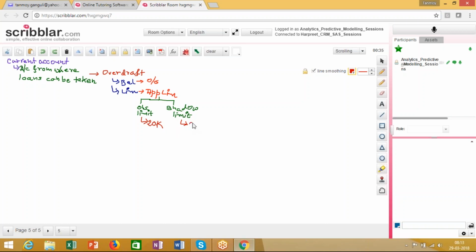So you have a shadow limit of an extra 10,000, which makes your total limit 30k. This shadow limit is not generally known to the borrower, which is why it is called the shadow.